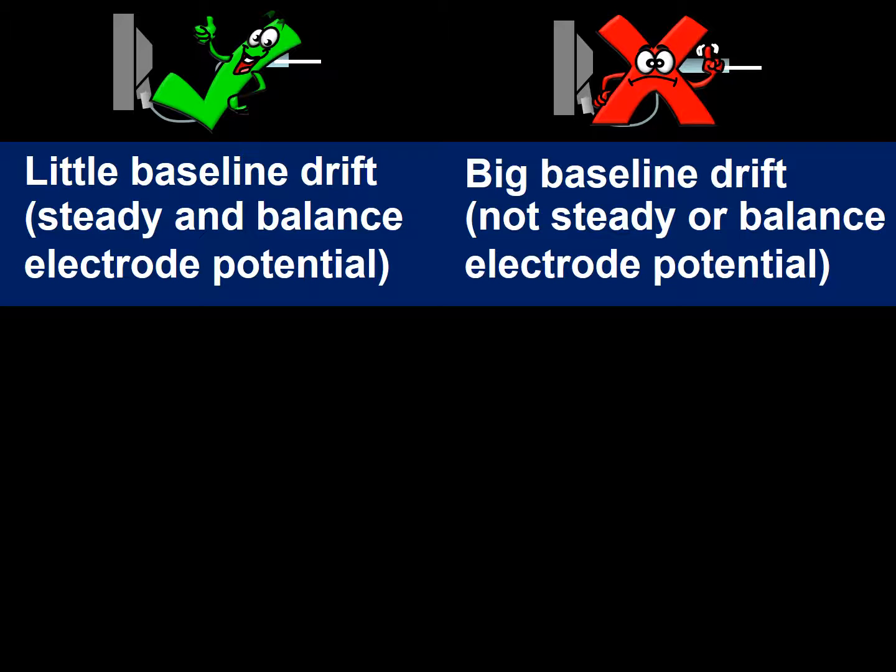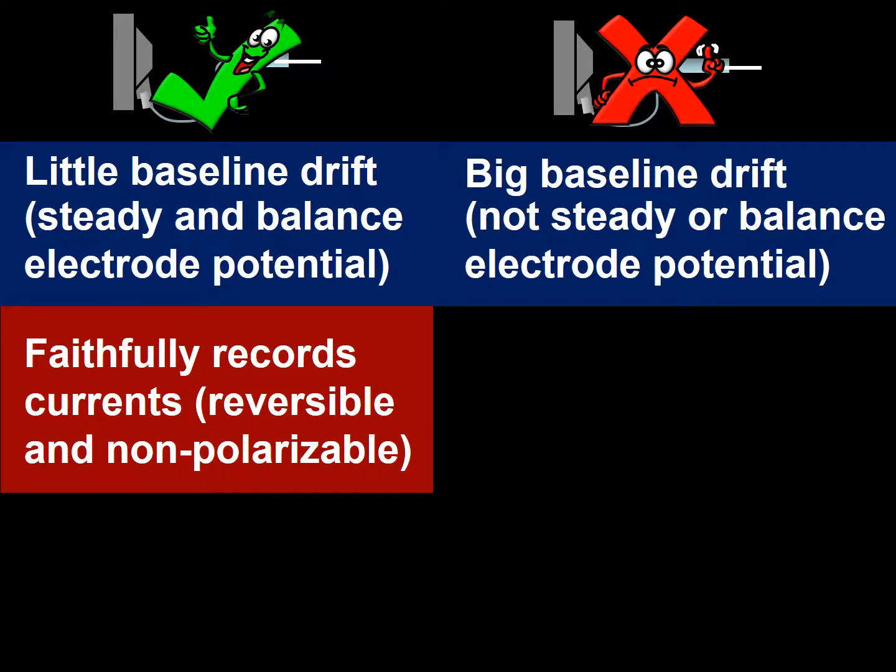That is, they are not steady in each electrode, nor are they balanced among all electrodes. Good electrodes faithfully reproduce negative and positive electrical currents, as well as low frequency and high frequency activities because they conduct electricity in both directions with high fidelity.